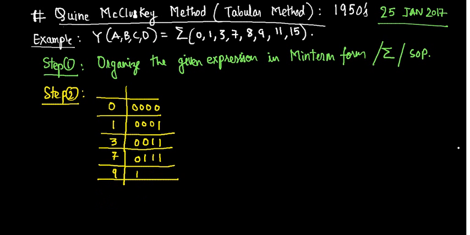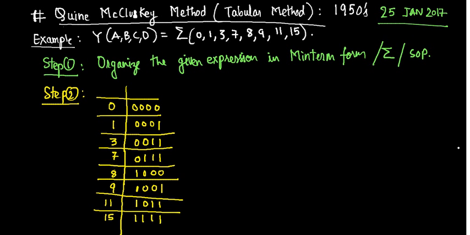It is like 8, 9, 11, and so on, this decimal, or I can say minterm, small m and j.